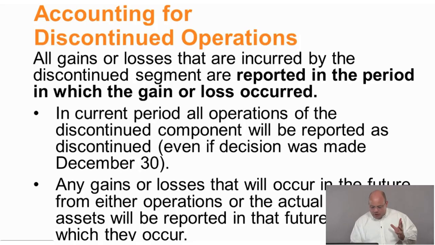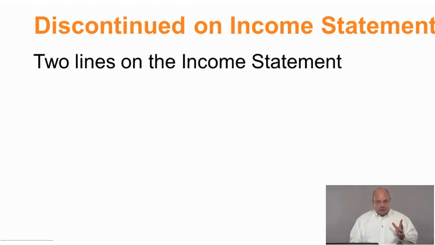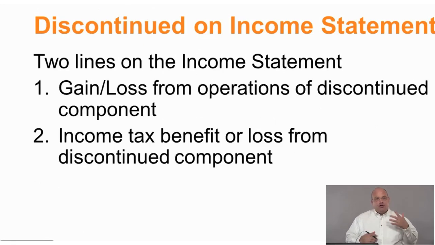Now, within that discontinued section, there are actually two lines on the income statement. The first is the gain or loss from the operations of that discontinued component, and the second is the income tax benefit or loss from that discontinued component. So the tax effect of the discontinued operation is reported separately from the taxes connected to the continuing operations.